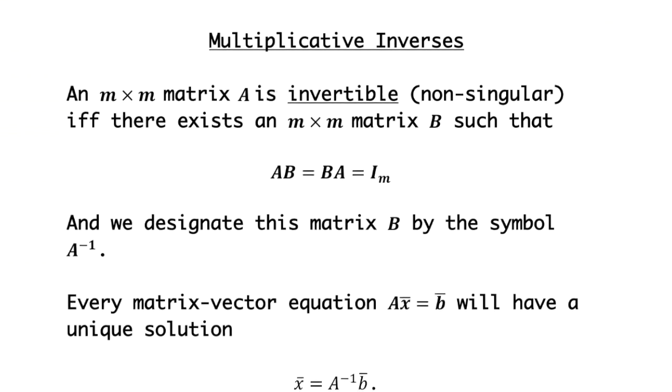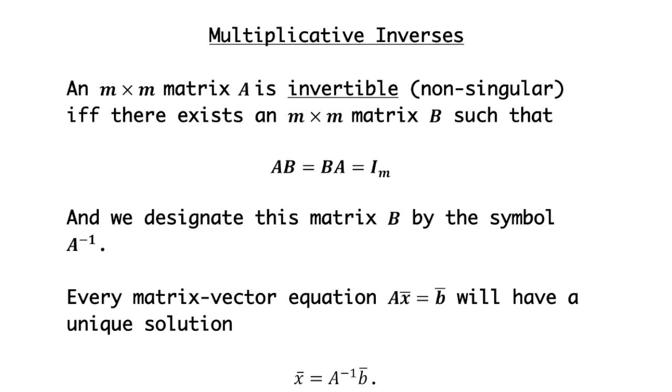Let's talk about multiplicative inverses now. There's some new language that we use for invertible matrices. This will be more in the future. Non-singular: a matrix is non-singular if it's invertible. But for now, I will return to our language of invertibility.